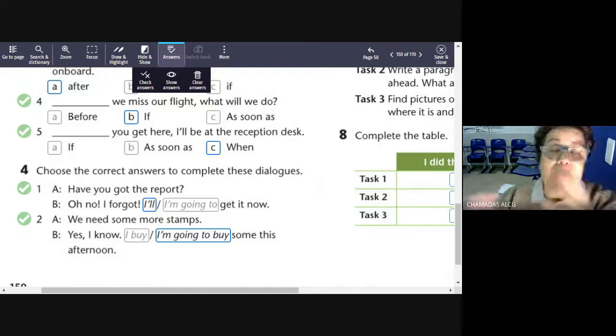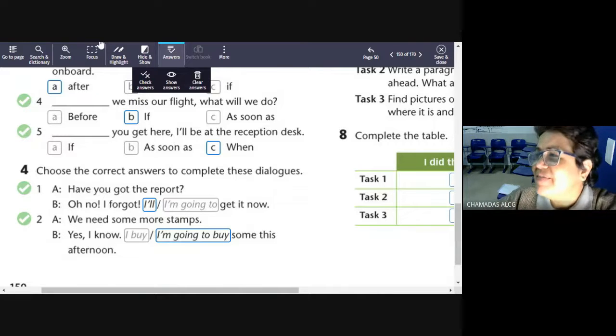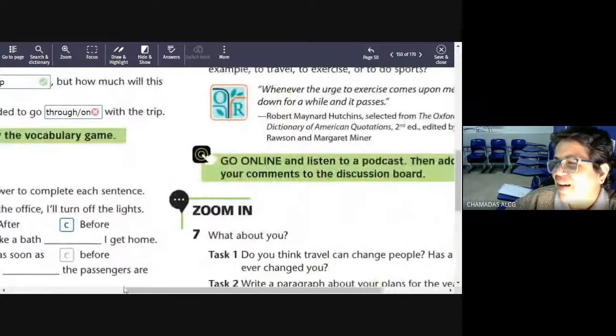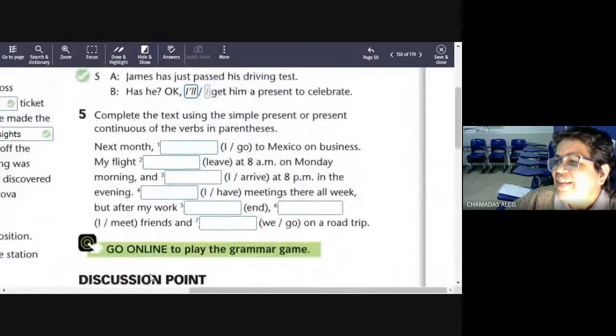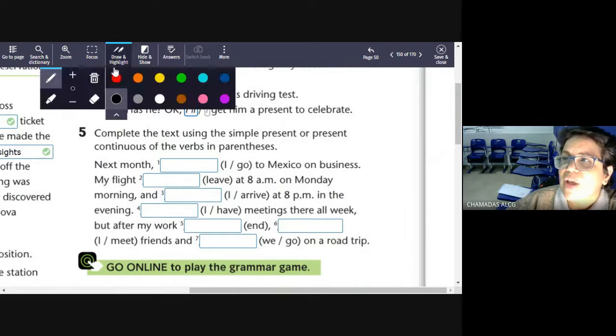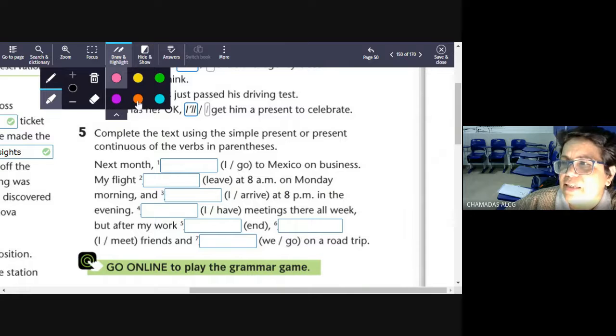All right, people. Yes, can you see the difference better now? Yeah. Okay. Yeah, it's a little tricky. I know. The next part here, we should complete the text using the simple present or the present continuous. So we have two different verb tenses here.